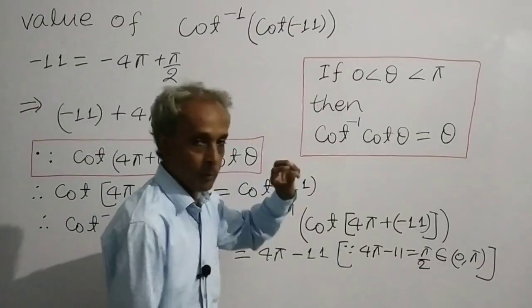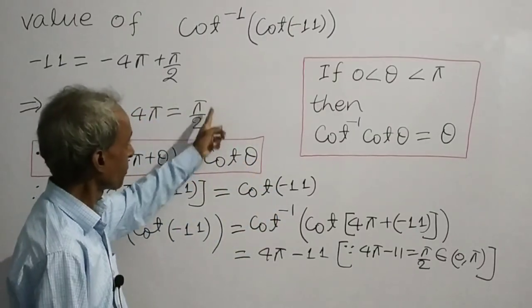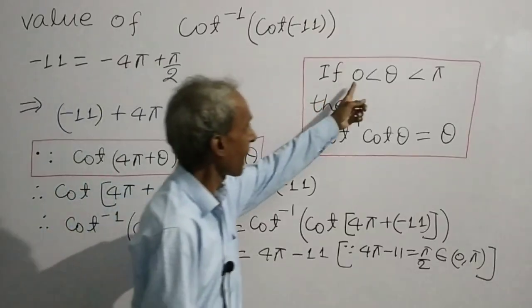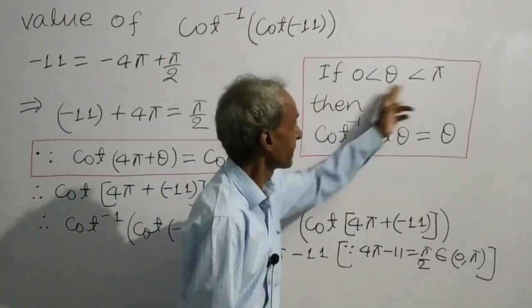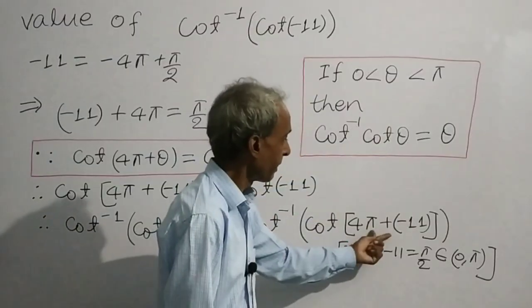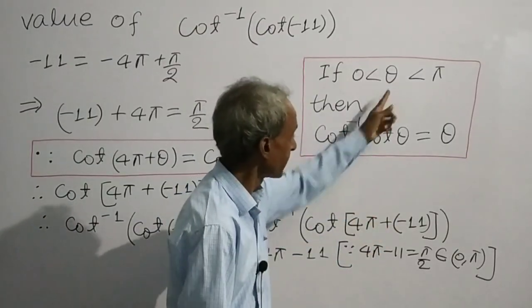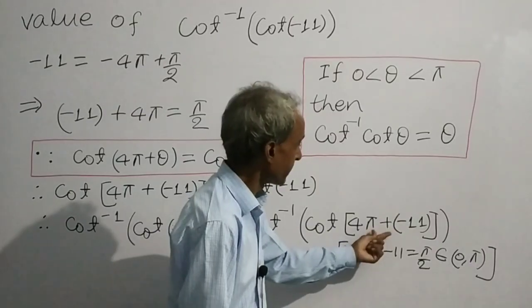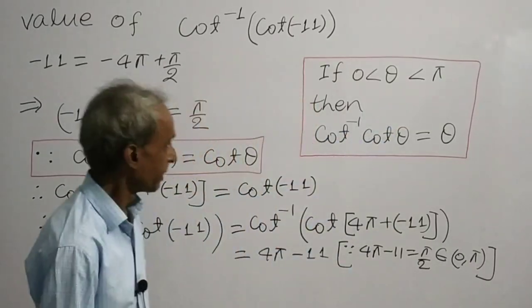And an angle which is nearly equal to pi by 2 always lies in this interval. That means this condition is fulfilled by this angle. If we consider theta equal to this, then this angle fulfills this condition.